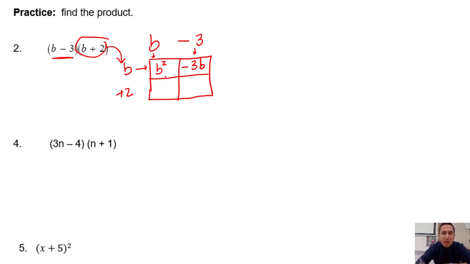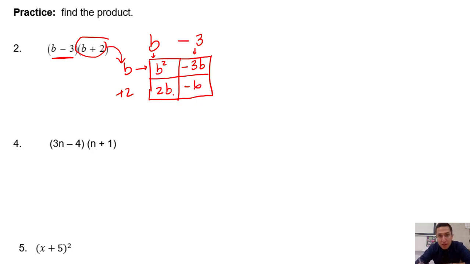Now this b up here goes down. Now it's going to be a b in here times a +2. b times +2 is just a 2b. Now here we go, next guy. I have a -3 in here and a +2 in here. So -3 times a 2 is a -6. Put that in your calculator and it'll come out just like this.